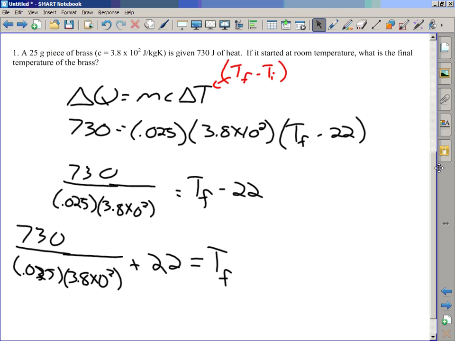Here's the idea. Because the change in temperature, I put Celsius in, I'm going to get Celsius out. I'm cheating, granted. It would be better to put Kelvin in and get Kelvin out, but think common sense here. We got 99 out of it.